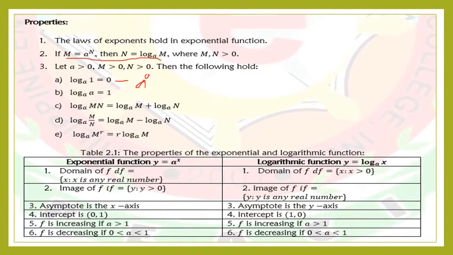Si exponent, dito siya nalagay. So, ito yung n natin. Si 1 is yan yung m. Okay, a to the power of 0 is equal to 1. Okay, true, di ba? Kasi any number raised to the power of 0, that is always equal to 1. Okay, so that's why itong property number 3 sa a is tama siya.